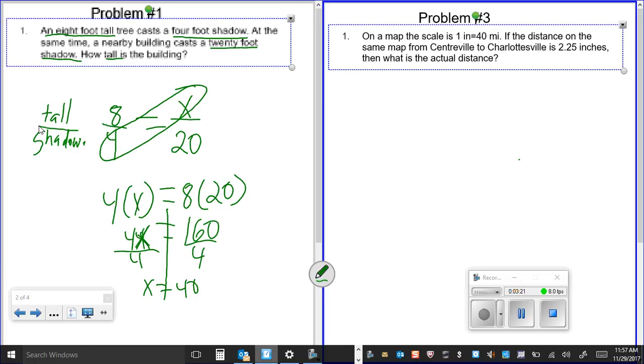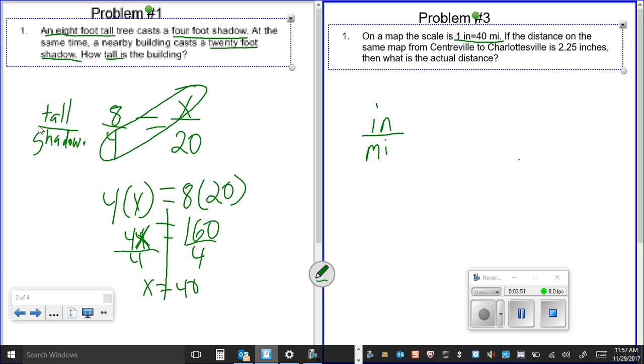All right, so we're going to read this one on a map scale. On a map, the scale is 1 inch is equal to 40 miles. If the distance on the same map from Centerville to Charlottesville is 2.25 inches, then what is the actual distance? I can see that they gave us a map scale. That's pretty easy. That means they give us the first ratio right there. A map scale is very easy, and we'll do inch over mile.